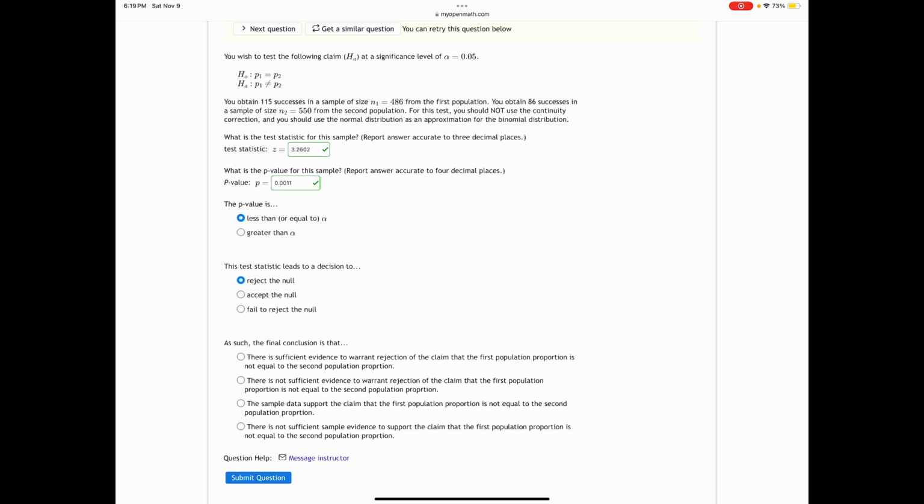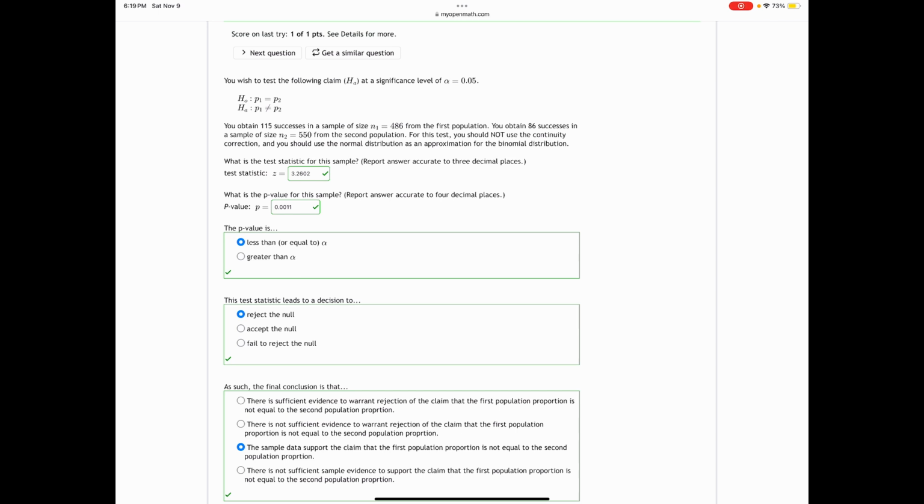The sample data supports the claim that the first population proportion is not equal to the second population proportion, and that is the correct conclusion because we rejected the null hypothesis, which means we do have enough evidence to support our claim, which means the sample data that we collected actually supports our claim. And then they stated the claim, which is basically the alternative hypothesis, that the population proportion from the first population is not equal to the second population proportion.